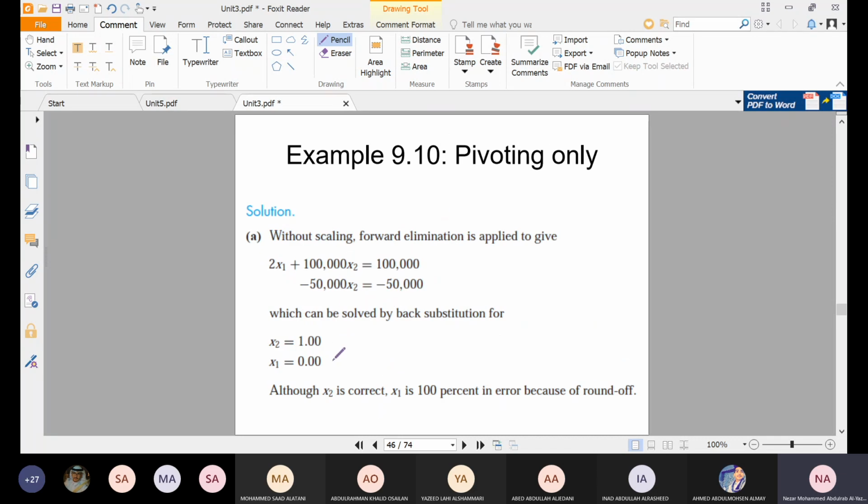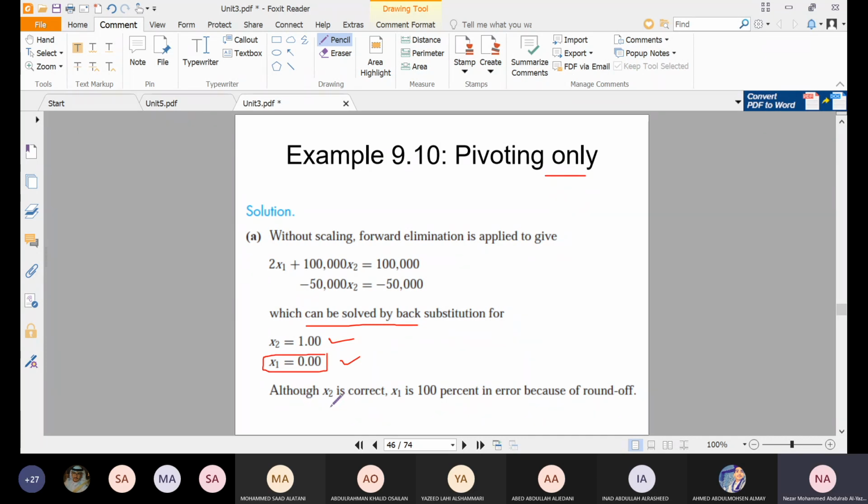So with scaling we solve this one, but if we do pivoting without scaling, pivoting only, you can see that if I solve this one by doing elimination, I select this as the pivot. After that, I cancel this one. I will find x2, this is correct, and find x1, this equals 0. x1 is 0.